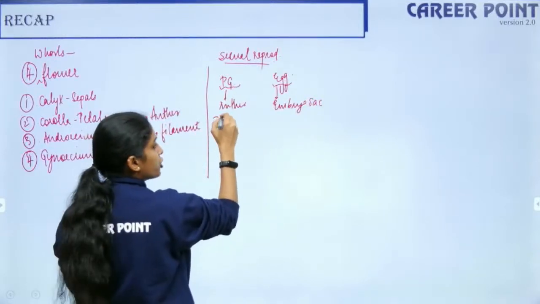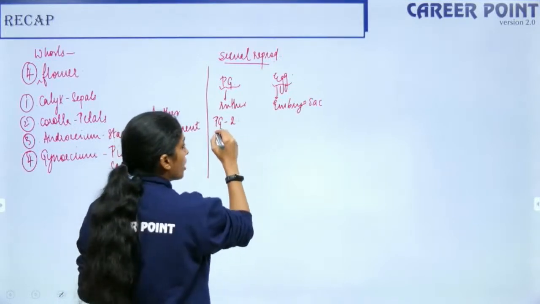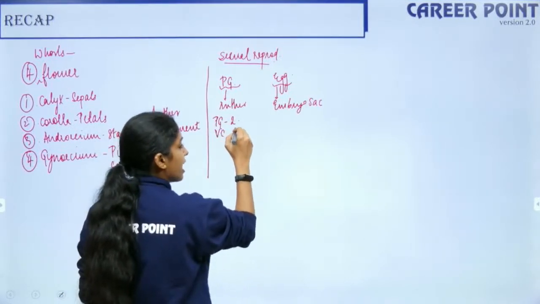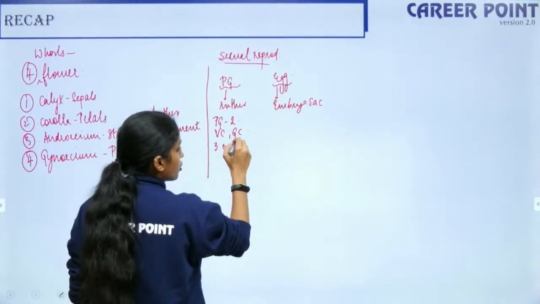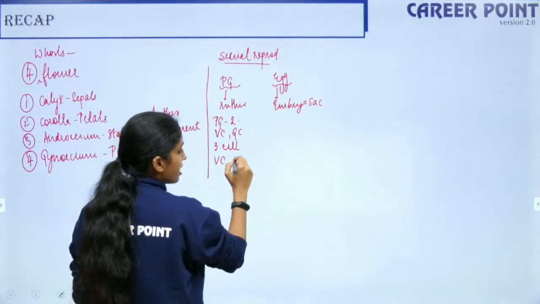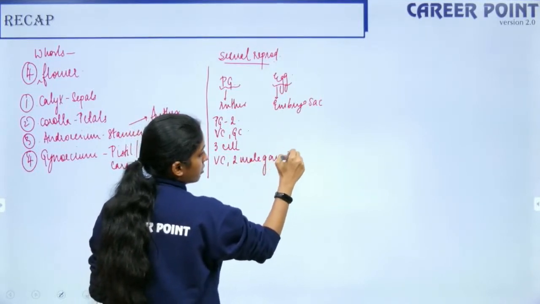Pollen grain can be shed at the 2-cell stage. What is the 2-cell stage? You have the vegetative cell and the generative cell. If it's the 3-cell stage, here we have the vegetative cell and 2 male gametes.